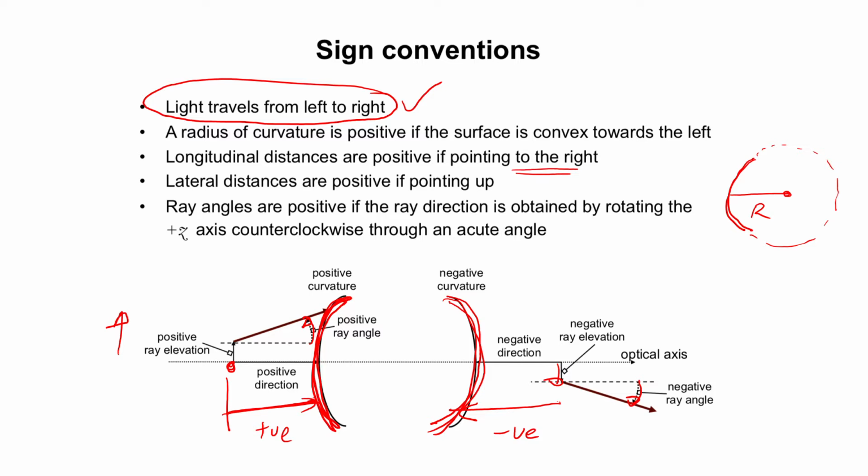Okay. So now let's look at some types of lenses. This is a simple spherical lens. What do you think should be the radius of curvature of this? Is it positive or negative?